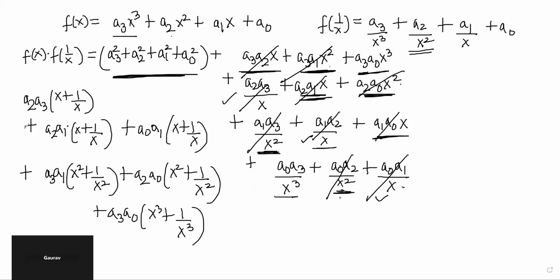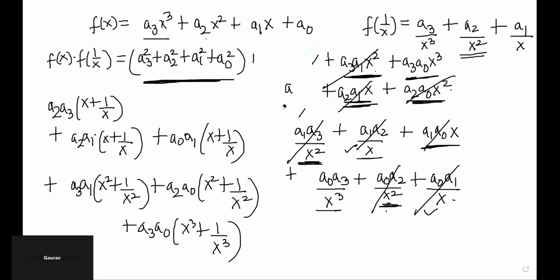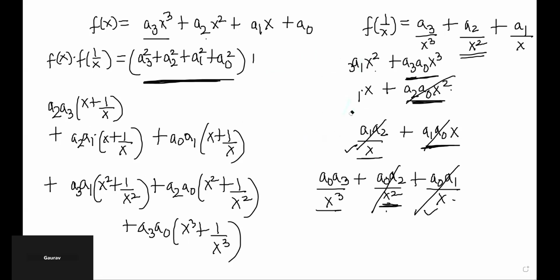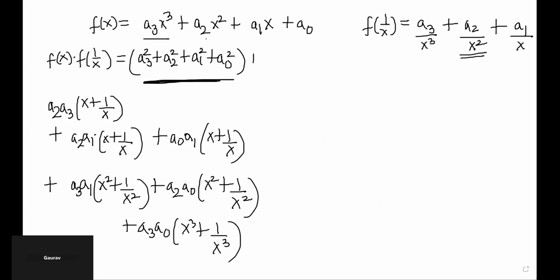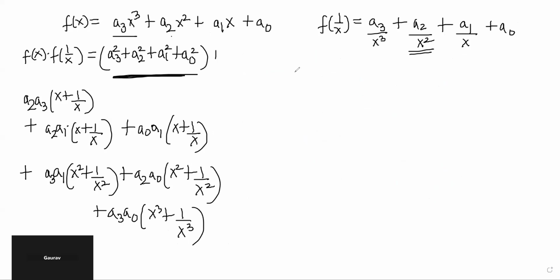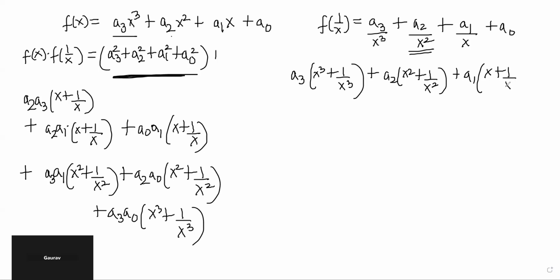Now think of what is f of x plus f of 1 by x. When you think of that, that will come out to be a3 x cube plus 1 by x cube plus a2 x square plus 1 by x square plus a1 x plus 1 by x plus 2a naught, right?